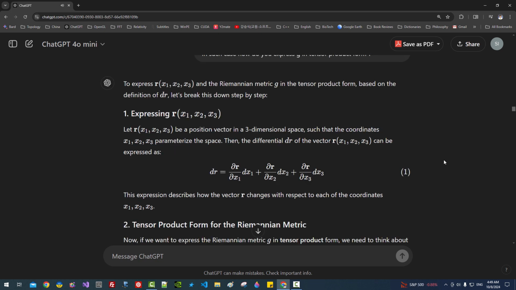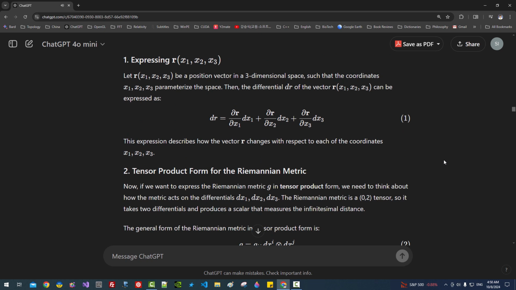To express R(x1, x2, x3) and the Riemannian metric G in the tensor product form based on the definition of dr, let's break this down step by step. 1. Expressing R(x1, x2, x3). Let R(x1, x2, x3) be a position vector in a three-dimensional space, such that the coordinates x1, x2, x3 parameterize the space.